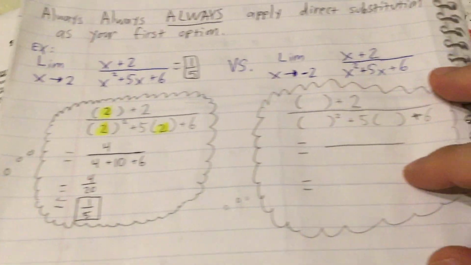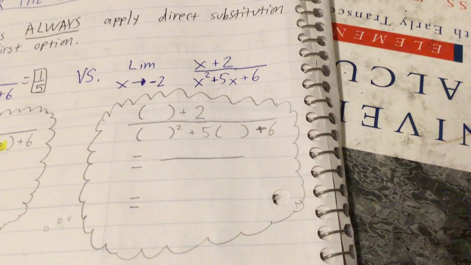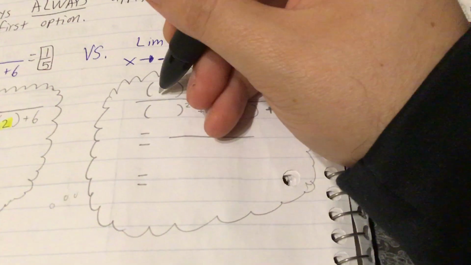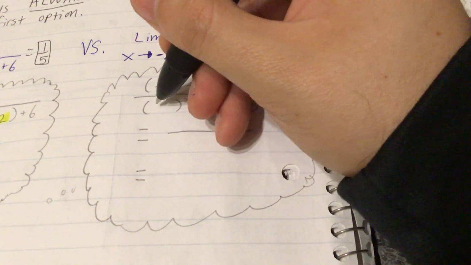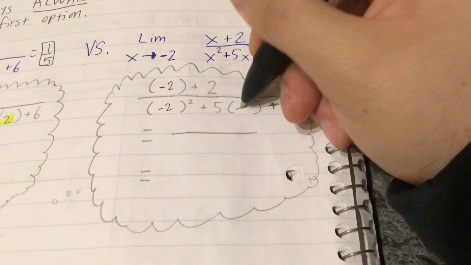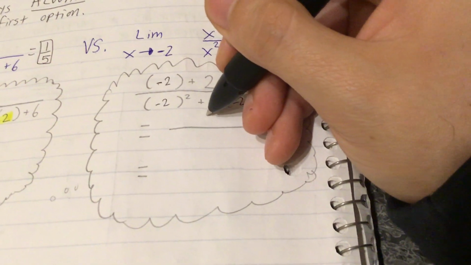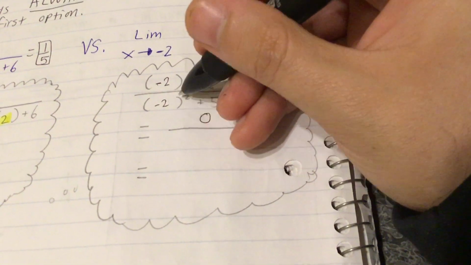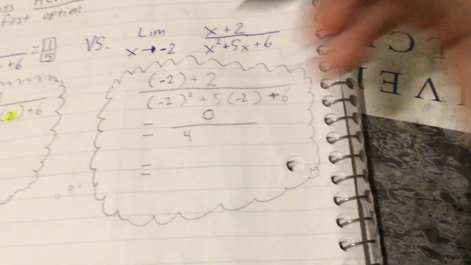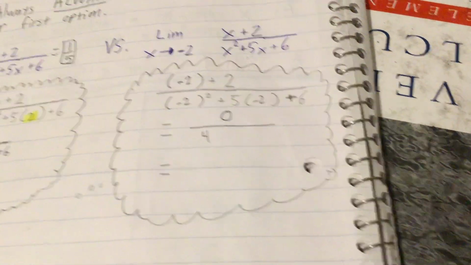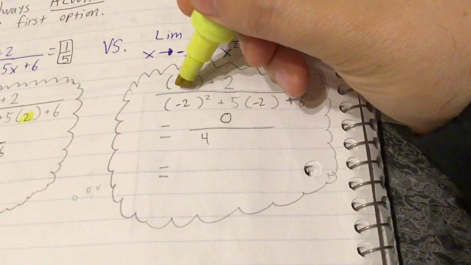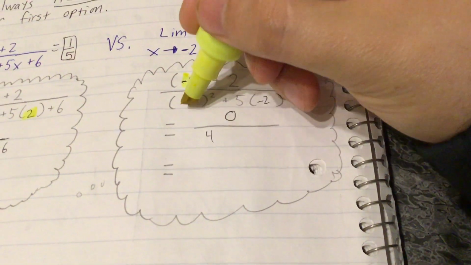But if I take a look at this part, this is the part that you really like. If I plug in -2 in this diagram, and I do everything appropriately, -2 plus 2 is 0. -2 quantity squared is 4. First things first, let me get my highlighter. There we go.